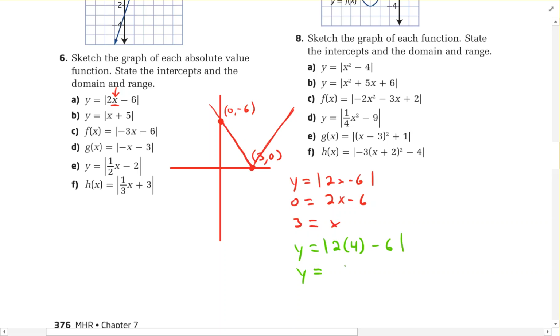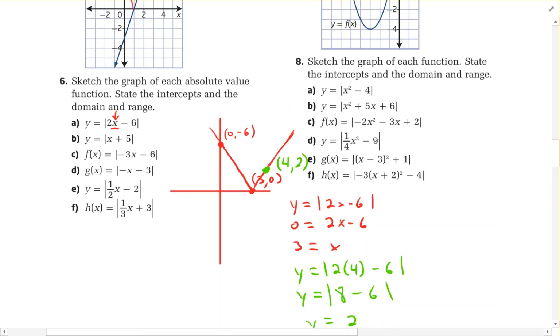So y is equal to 8 minus 6, so 2. So at this point right here, this is going to be 4, comma 2. So now we have enough that we've just sketched all that without even putting it in our calculator, right?